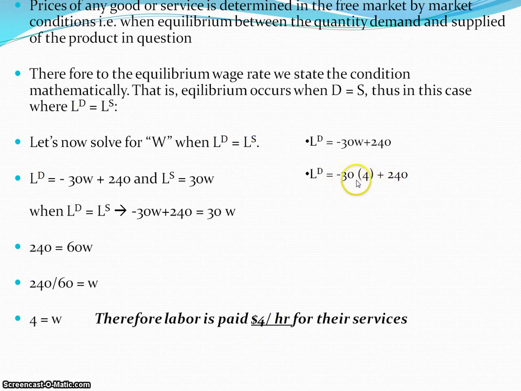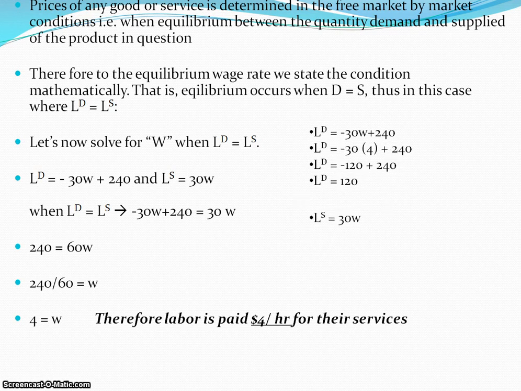This means we're going to multiply 30 and 4, which will give us negative 120 plus 240, and negative 120 plus 240 will result in 240 minus 120, which gives us a value of positive 120. And we see therefore that the demand for labor at equilibrium is 120. And we could also use the supply for labor equation, and we'll still get that value of 120. We'll quickly do that now, and then we shall move on.